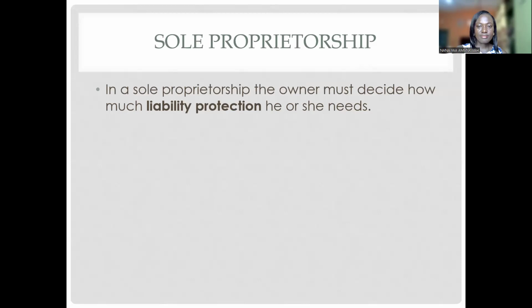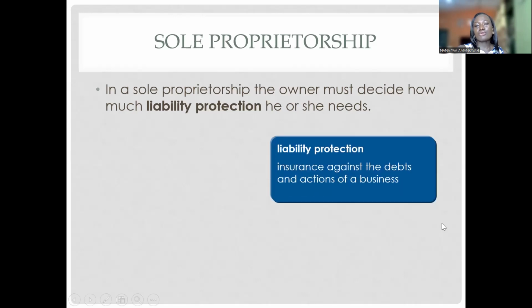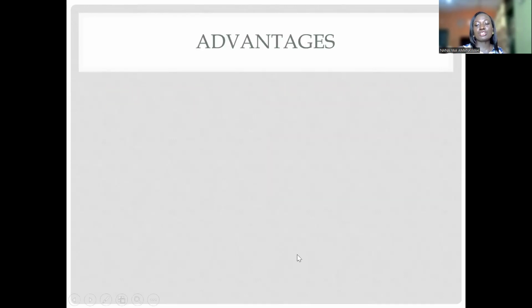Now he decides how much liability protection he or she needs. What is liability protection? The insurance against the debts and actions of a business. So the sole proprietor decides what level of liability protection he or she needs.